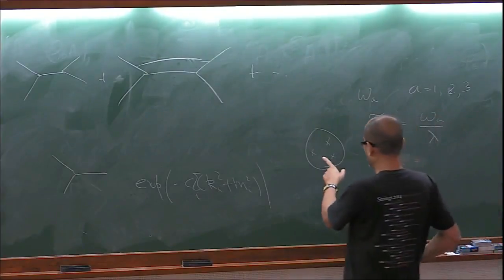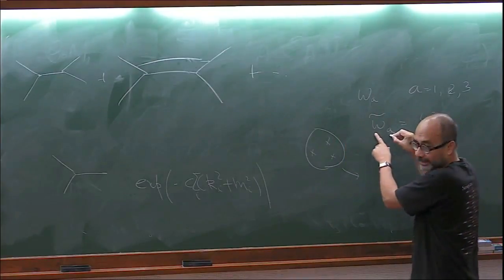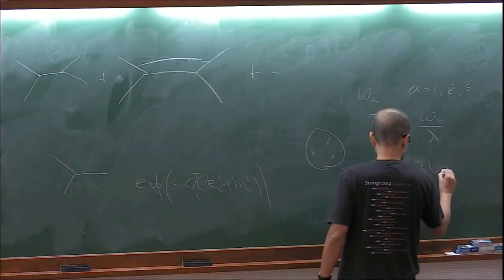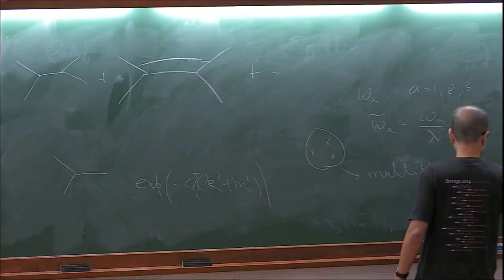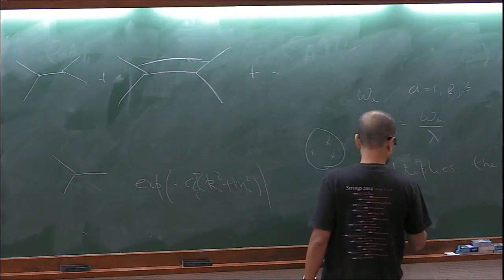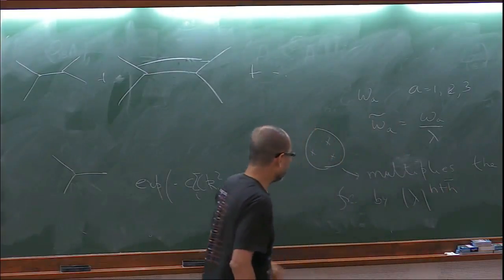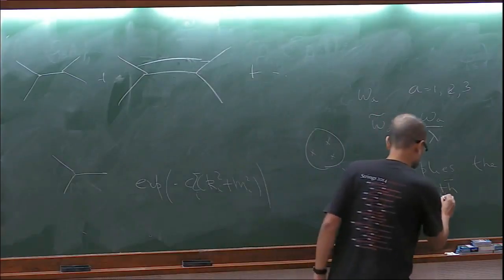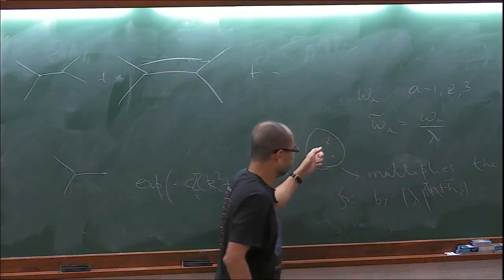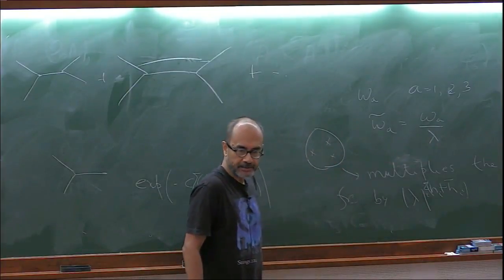You can check that if you change local coordinates from w_a to w tilde, it multiplies the 3-point function by mod lambda to the power h plus h bar, where h and h bar are the conformal weights of whatever vertex operators are inserted here.